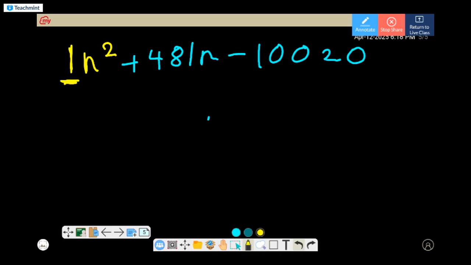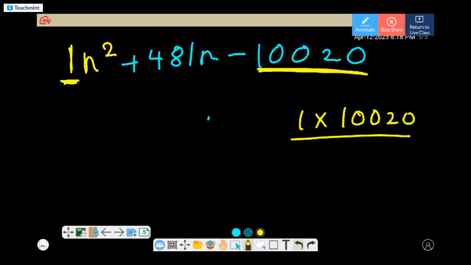If there is nothing given, you take it as 1 and multiply with the last number, which is 10020. So 1 into this number is the number itself, and then you have to find the factors. And if you're good with your sign convention, then only you will be able to do this. So the sign convention is plus and minus. So plus minus will be what when you factorize?